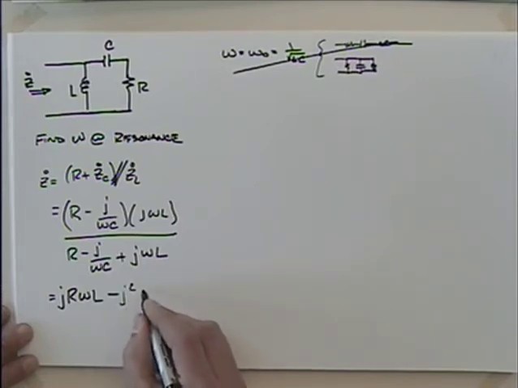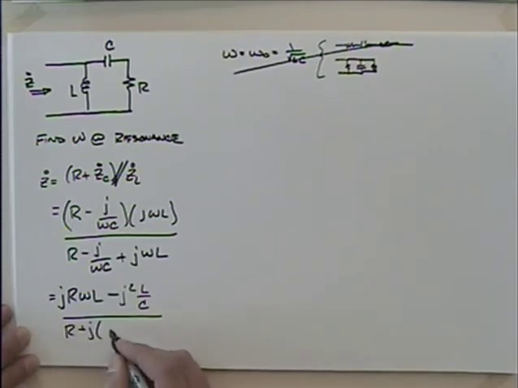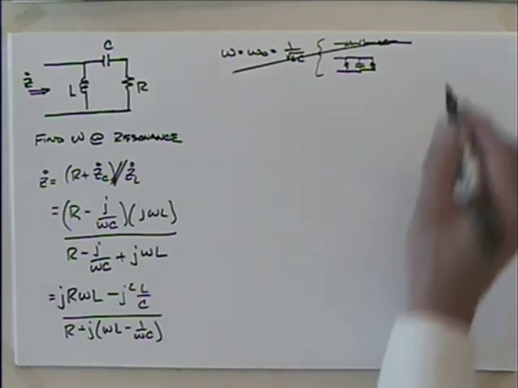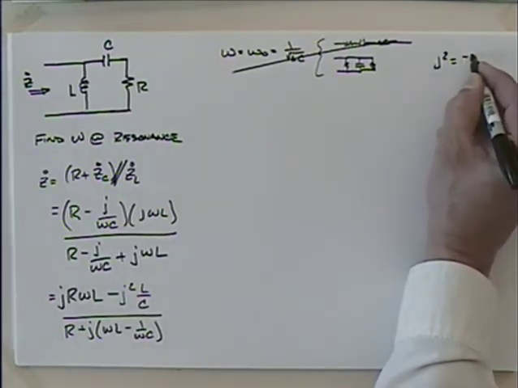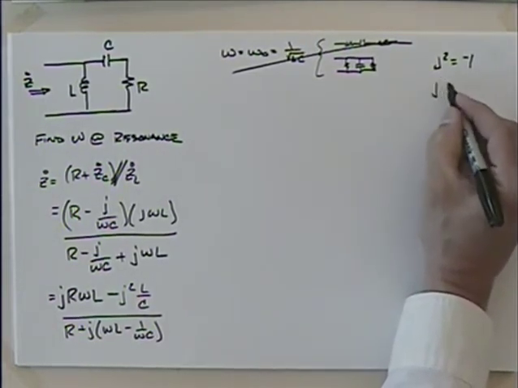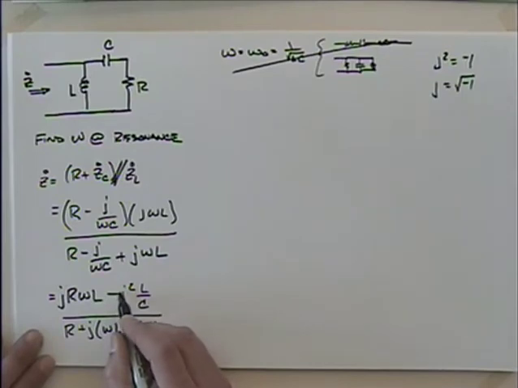The omegas cancel, and I have L over C. Is that right? And I could divide this by R plus j, factoring that out, I'd have omega L minus 1 over omega C. So far, so good. What is j squared? j squared is minus 1, is that right? Because if I take the square root of both sides, j is equal to the square root of minus 1, isn't it? Yeah, okay.